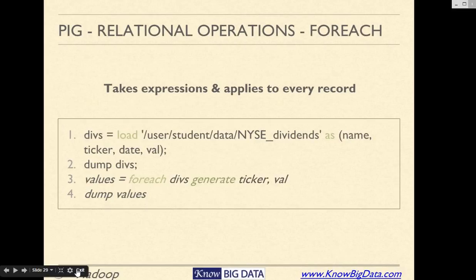The moment you actually invoke store or dump, that is when it starts the actual execution. Until then, Pig is only making notes that the user wants to load this file, give it this variable name, then break the file, group the file, count, and so on. When you say store or dump, that's when the actual execution starts.